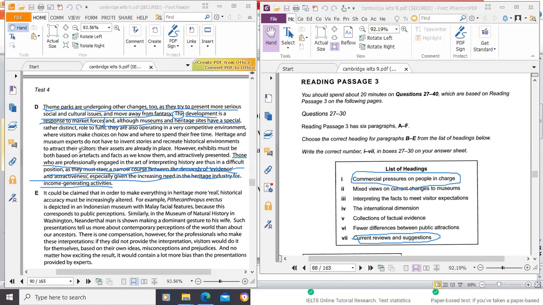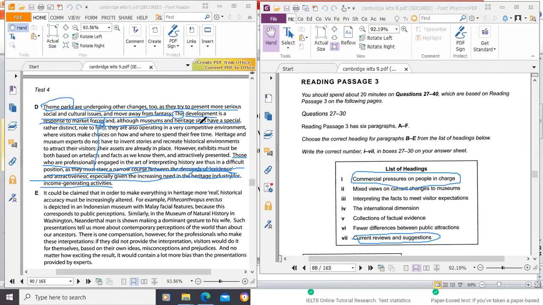The last thing they mentioned, I don't want to read through because you're likely going to be confused there. Those who are professionally engaged in the art of interpreting history are thus in a difficult position as they must steer a narrow course between the demand of evidence and attractiveness, which is talking about everything they mentioned here initially, especially increasing need in the heritage industry. The heritage industry has captured all of them because they didn't just mention theme parks only in this passage.